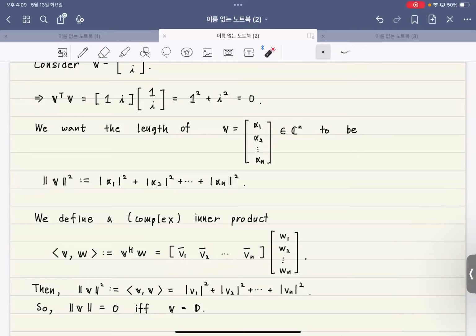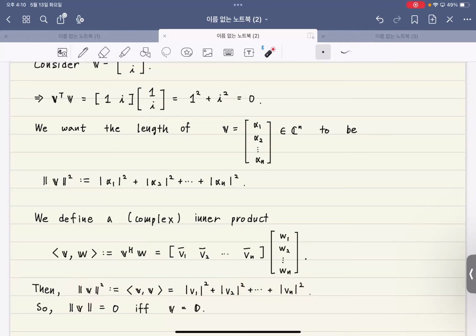I want to define this to be my new inner product for complex vectors. Then, if you take the inner product of vector v with itself, the answer is precisely the magnitude of every component squared. Then we now have this desired definition of the length of the complex vector.